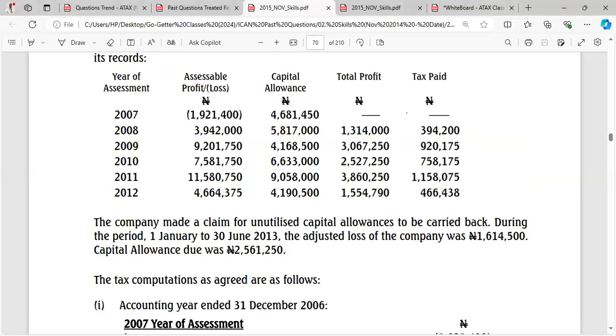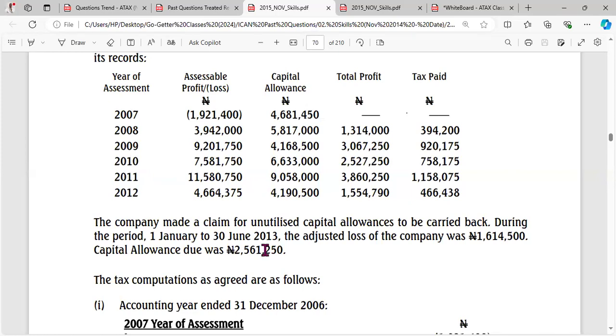Now, we are told that the company made a claim for unutilized capital allowances to be carried back. During the period January 1 to June 30, the adjusted loss of the company was 1,614,500. Capital allowances due was 2,561,250. All right?